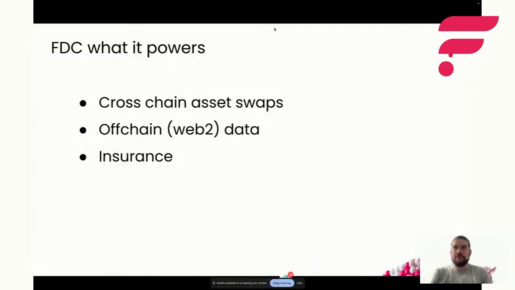I was just informed there's some connectivity problems. Okay, so you can also use it to gather some external data. You can gather weather data, moisture data, and reports on what the precipitation was. And in that case, you can then settle this directly on Flare.